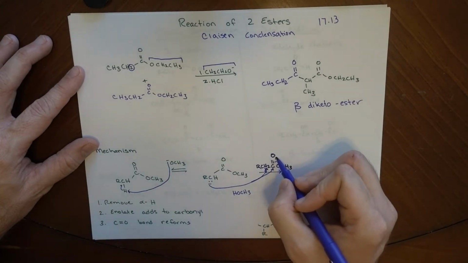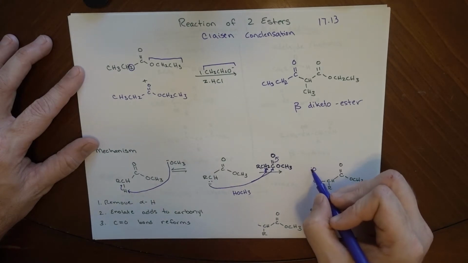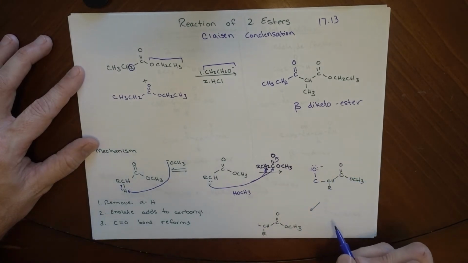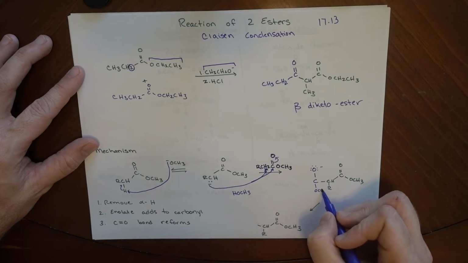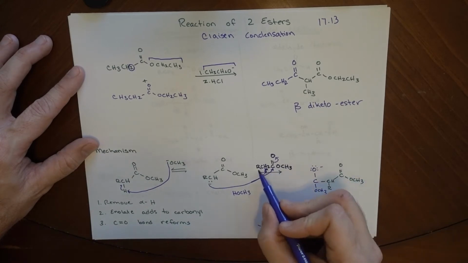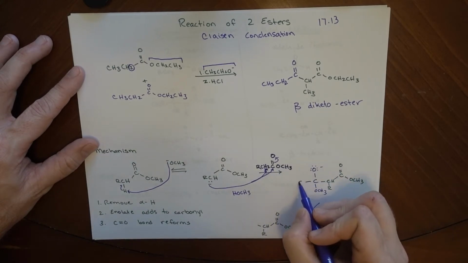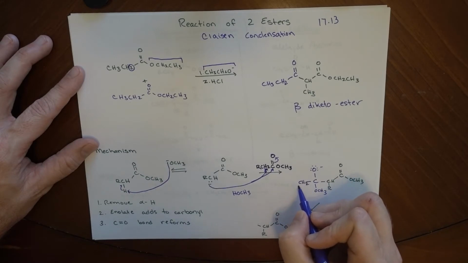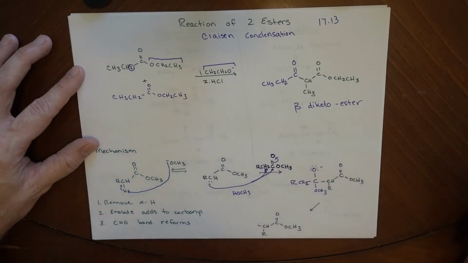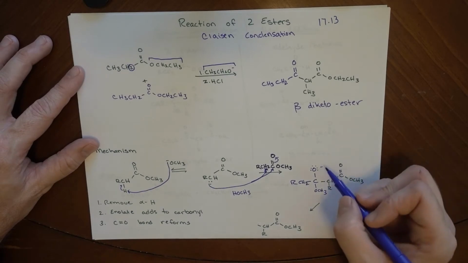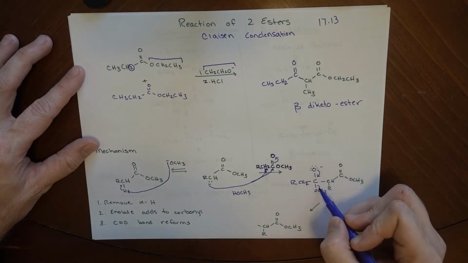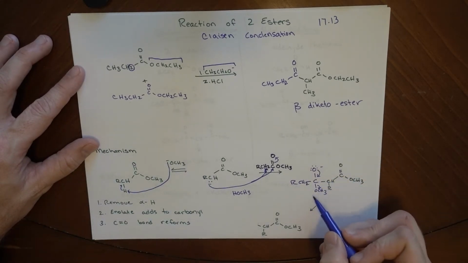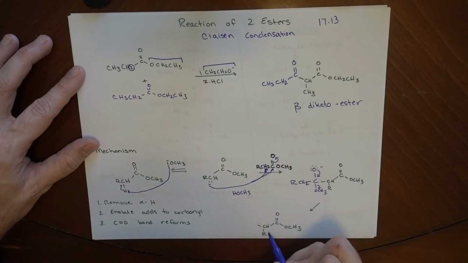Now these electrons get kicked up here. So that now has a negative charge. We have an OCH3 down here, and then everything else that was attached to it. So CH2 and R. Okay? Now, these electrons are going to end up kicking back down, which will end up kicking this off. This is the most stable thing that can end up leaving. So all of this part of the molecule stays the same as it was.